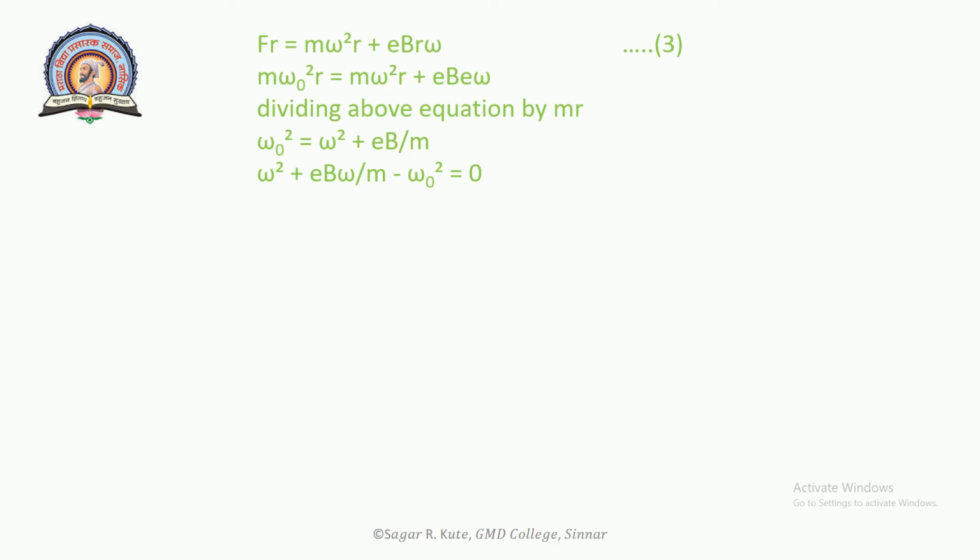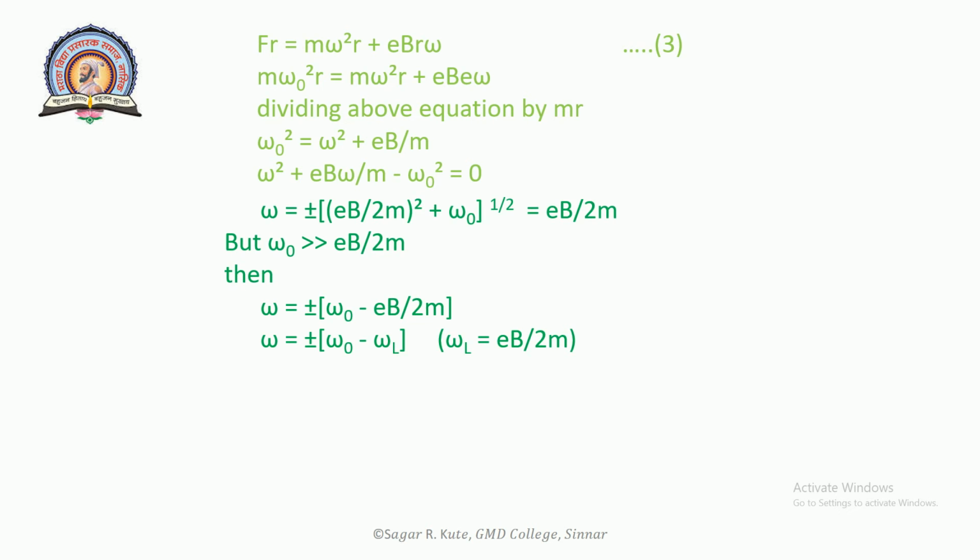This is a quadratic equation in omega. The solution of the above equation is omega is equal to plus minus the square root of (eB upon 2m) whole square plus omega 0 square, minus eB upon 2m. But omega 0 is much greater than eB upon 2m, then omega is equal to plus minus omega 0 minus omega L, where omega L is equal to eB upon 2m.